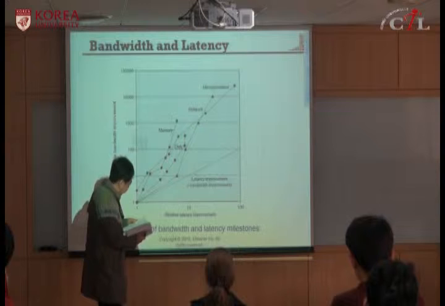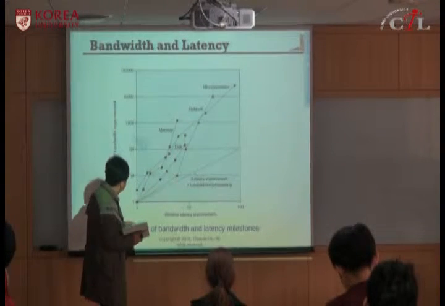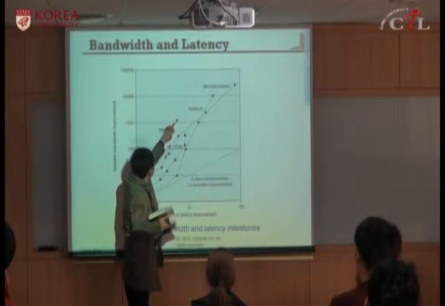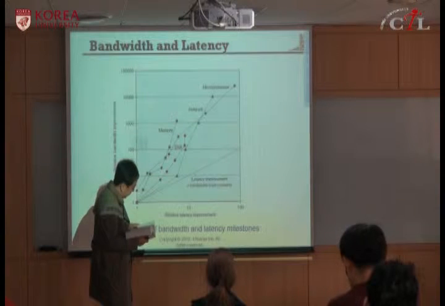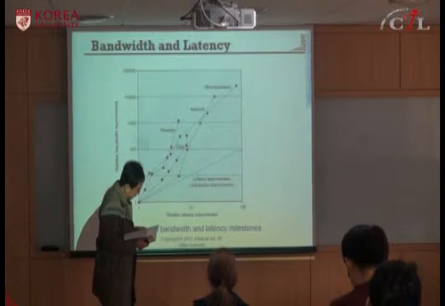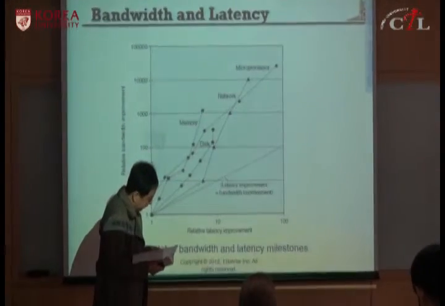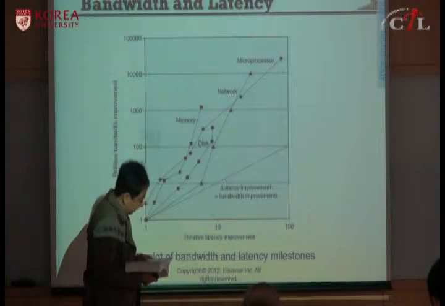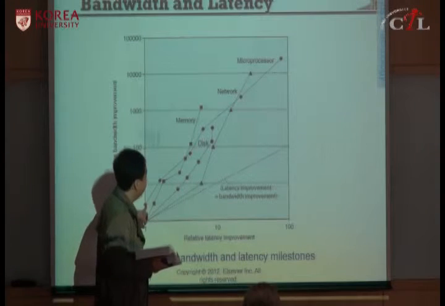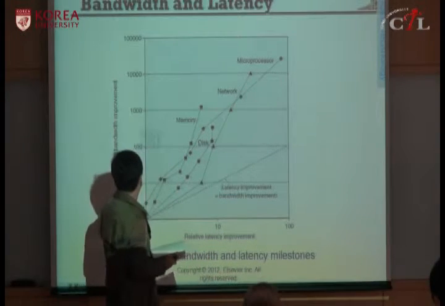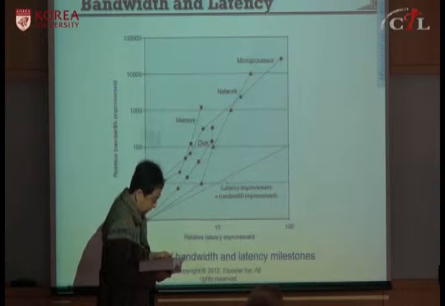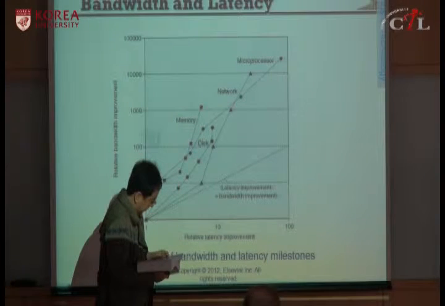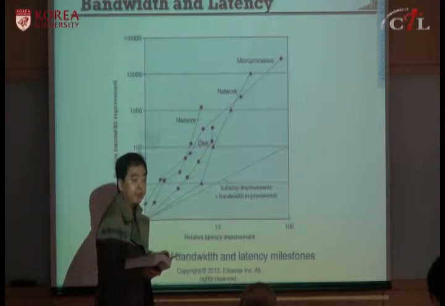Let's look at the memory side. The bandwidth, so memory, this one. The first DRAM chip they used was announced in 1980, and it is a 64K bit DRAM. The latest one is a 2 gigabit DRAM, DDR3, synchronous DRAM.